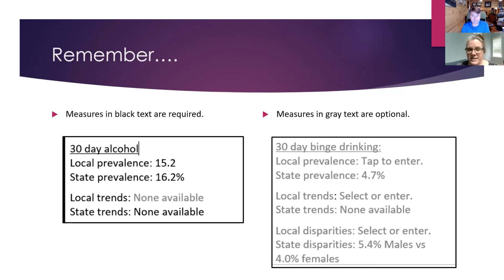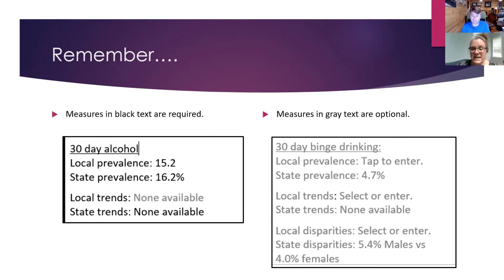So we always included a place to include local trend data, disparities, but we did not make it so that you had to have that data. And the way we've done that, as you can see in the example on the left, there is a drop-down option that you can select none available. And that's how we'll know that you didn't just miss this, is that you've selected none available.